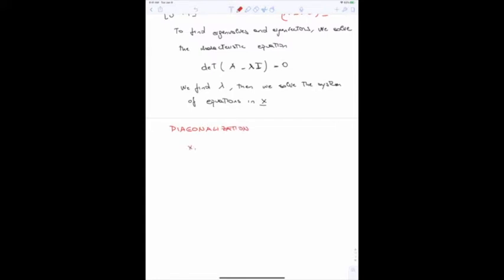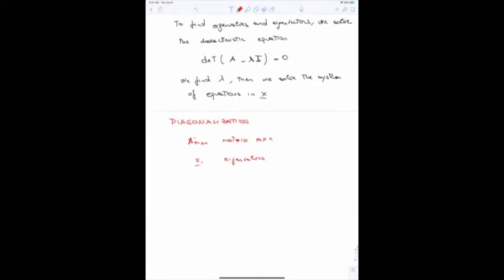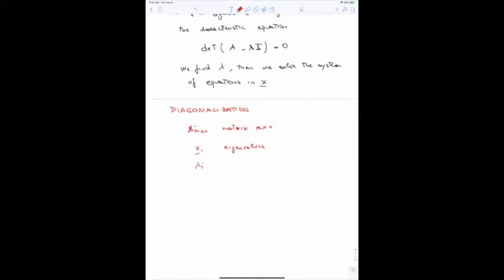So we have A a matrix, xi the eigenvectors, and lambda i the eigenvalues.